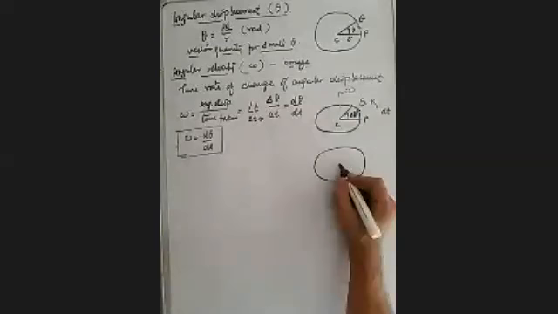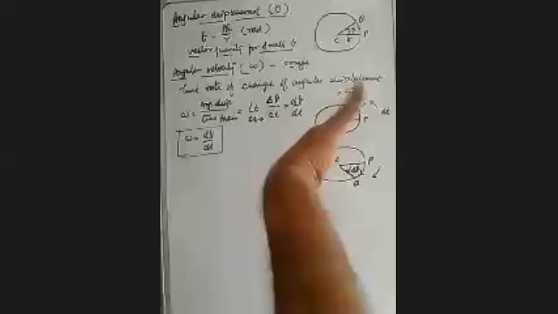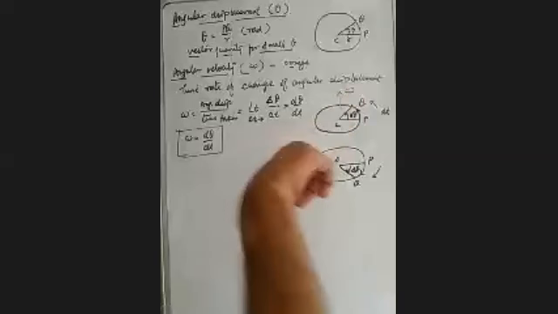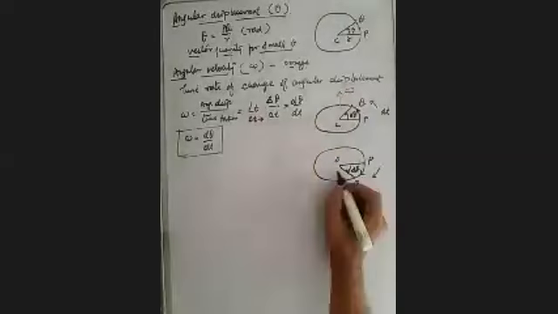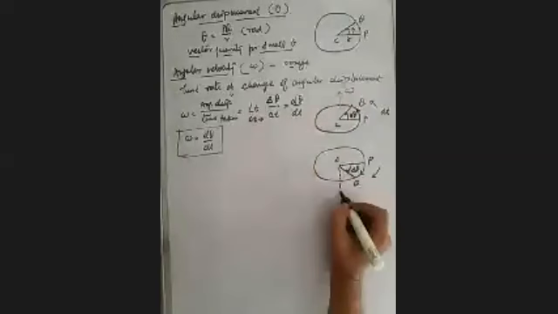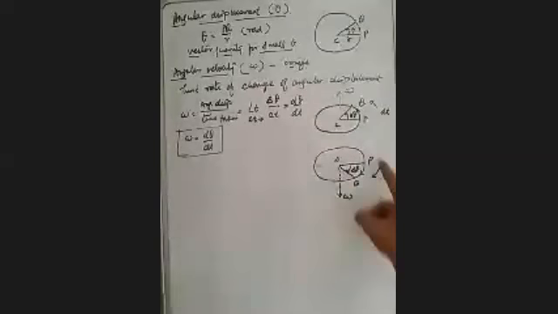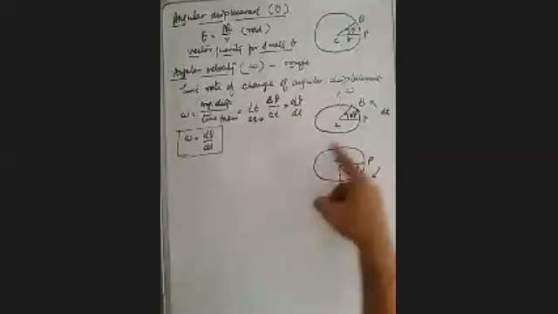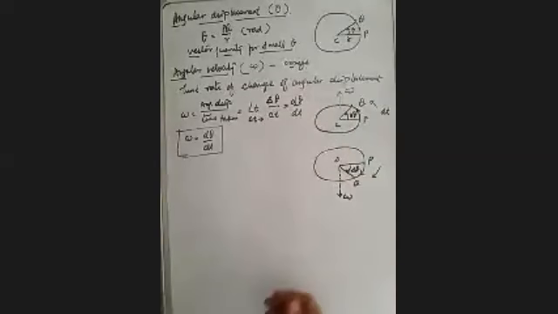Now we curl the fingers in the direction of motion of the object, like this, and the direction of the thumb gives the direction of angular velocity. So angular velocity now is perpendicular to the plane in which the circular motion is taking place, in the downward direction.